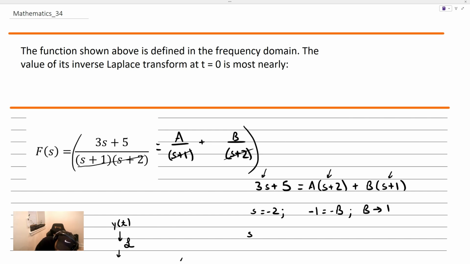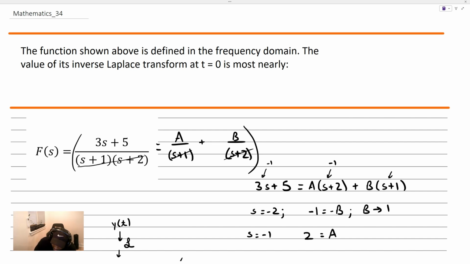What if I plug in s equal to -1? I plug that in to eliminate B. So I'll just end up with A if I plug in s equal to -1 here and s equal to -1 here. -3 and 5 makes 2. And -1 and 2 is 1. A is 2.